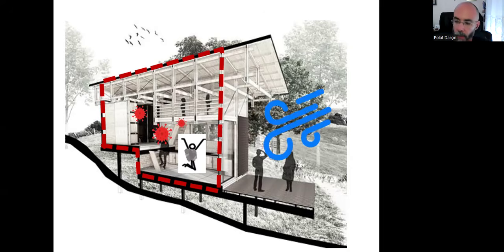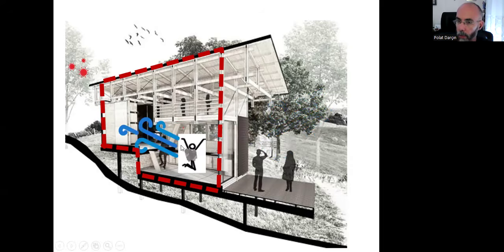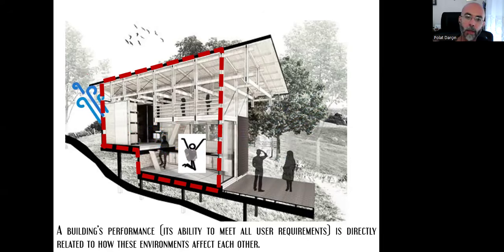We need to replace this polluted air with unpolluted, clean air. And in order to do that, we need to let the wind pass through this boundary to the indoor air environment and sweep away the pollutants. So this is what we do.